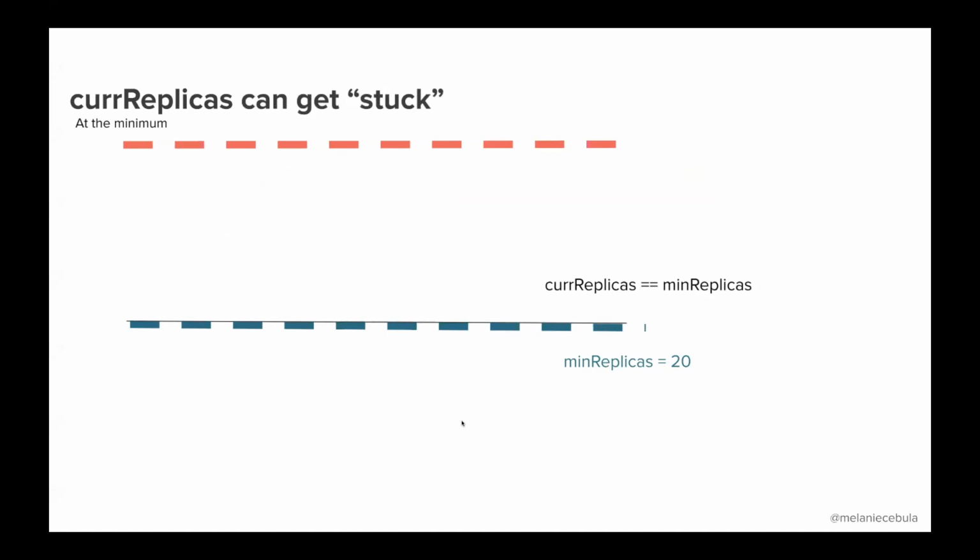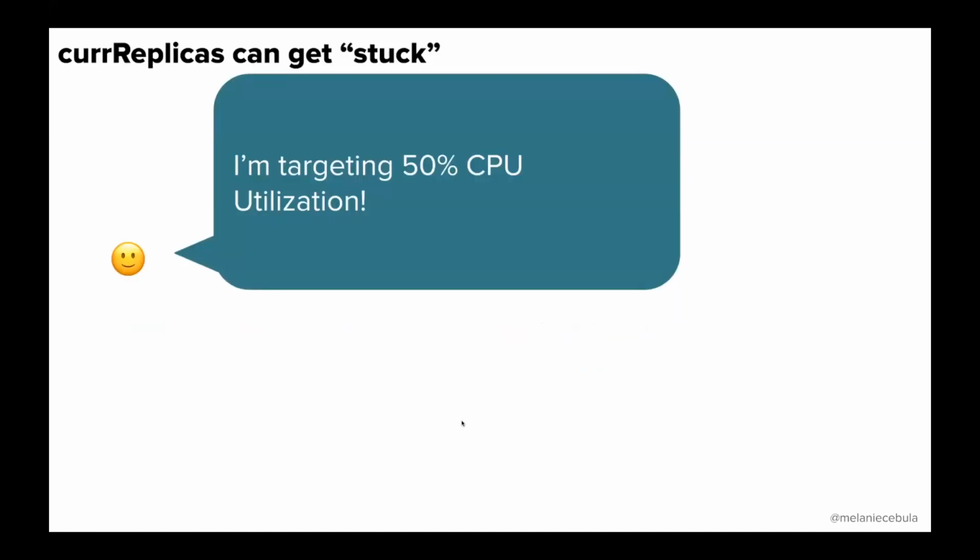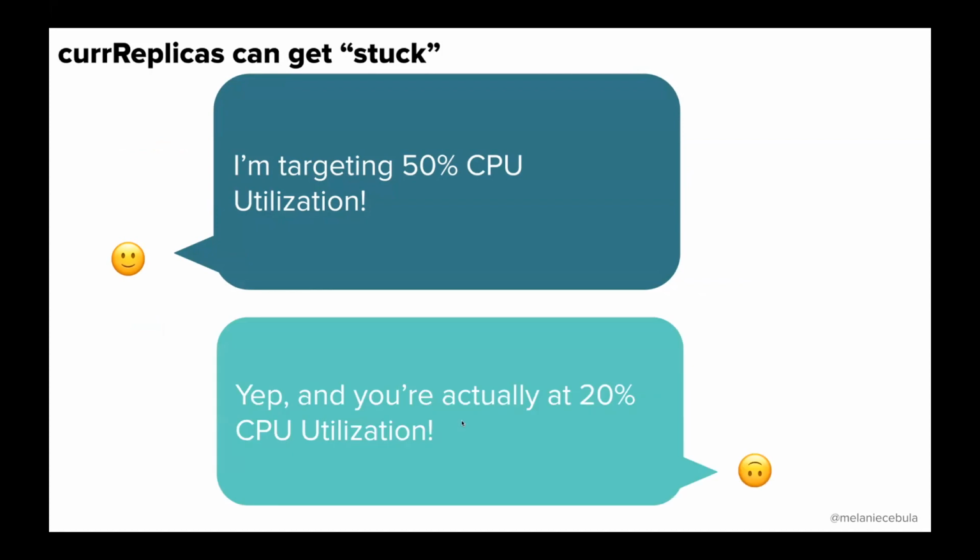And one thing that's been really interesting is as traffic patterns drastically change beyond what was expected, curve replicas can get stuck at the minimum, and it can get stuck at the maximum. I've definitely seen both happen in production. That was a little unsettling because I would talk to service owners and say, hey, you're stuck at max replicas, or you're stuck at min replicas, and they would respond, well, I am targeting 50% CPU utilization, and I would say, actually, you're at 20% because you're pinned at one of these numbers.